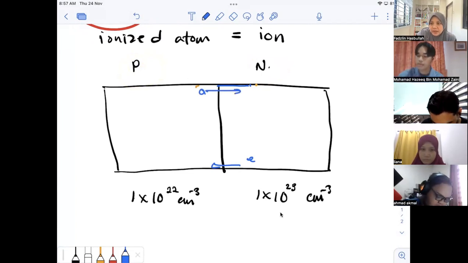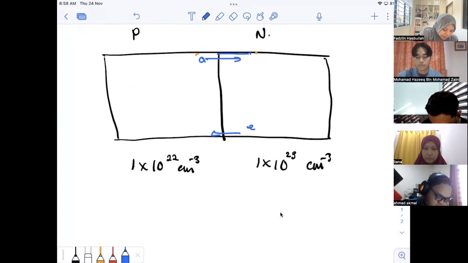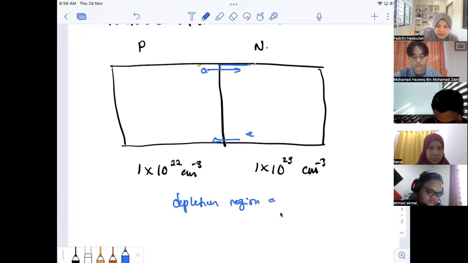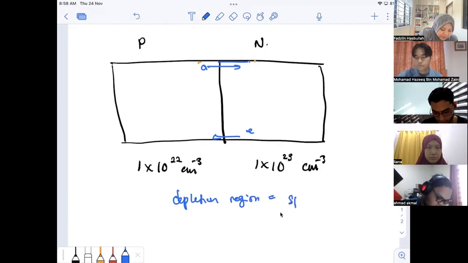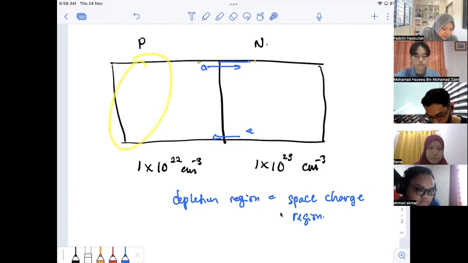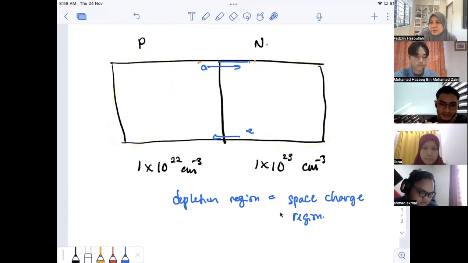Okay, now for depletion region, the other name, if you read the textbook, is space charge region. A space where you have charge. Because the other part where there's no depletion region, there's no charge, it's neutral.